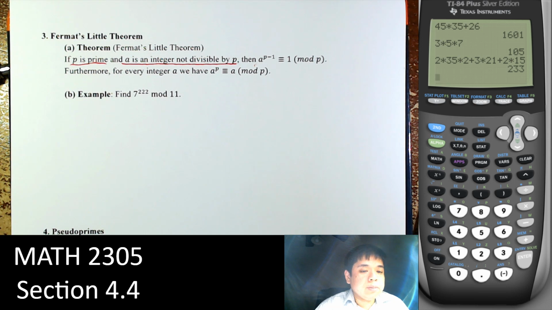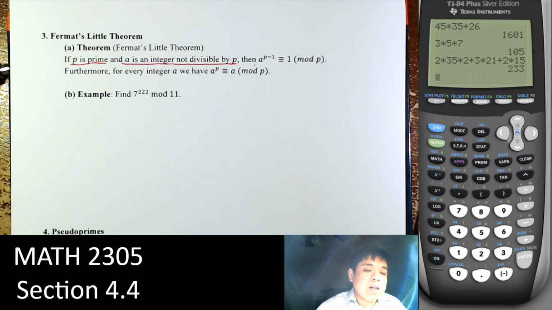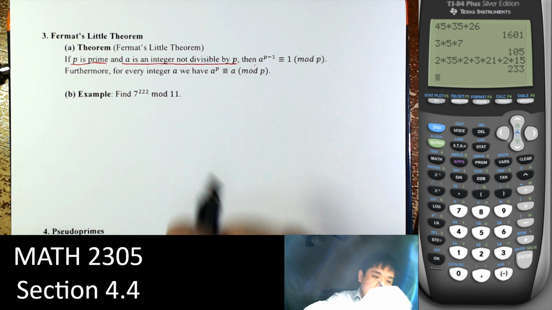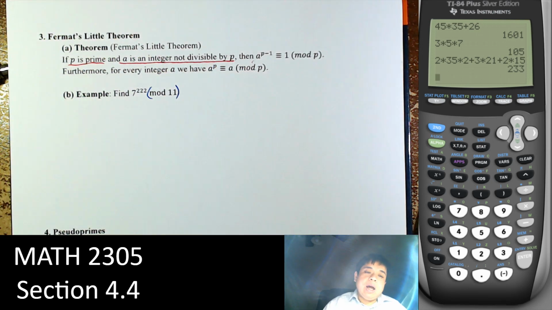Right. So what we get from here is this. In this case it's modulo 11, so that means p is equal to 11.